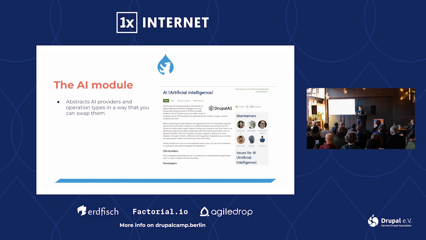Maybe you want to use your own local models running on your computer, run something enterprise, or even fine-tune, or even train your own models. It should be possible to run it in an abstracted way where you can basically hot swap it. So if someone builds a third-party module on top of the AI module, it will be possible to hot swap any provider, any model.